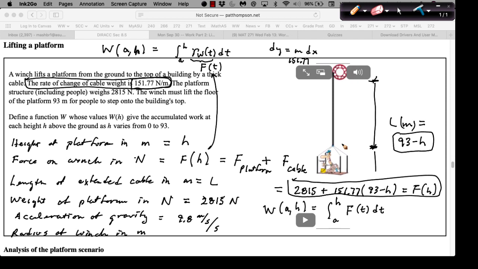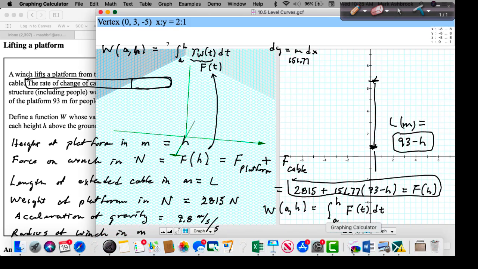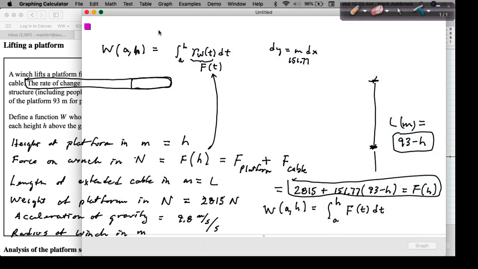If I want to put this in the GC, I can define the force function as 2815 plus 151.77 times (93 minus h).